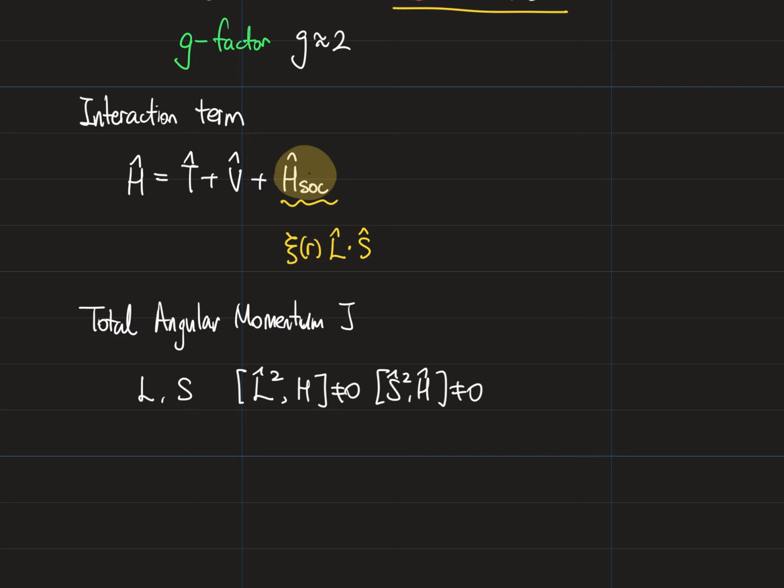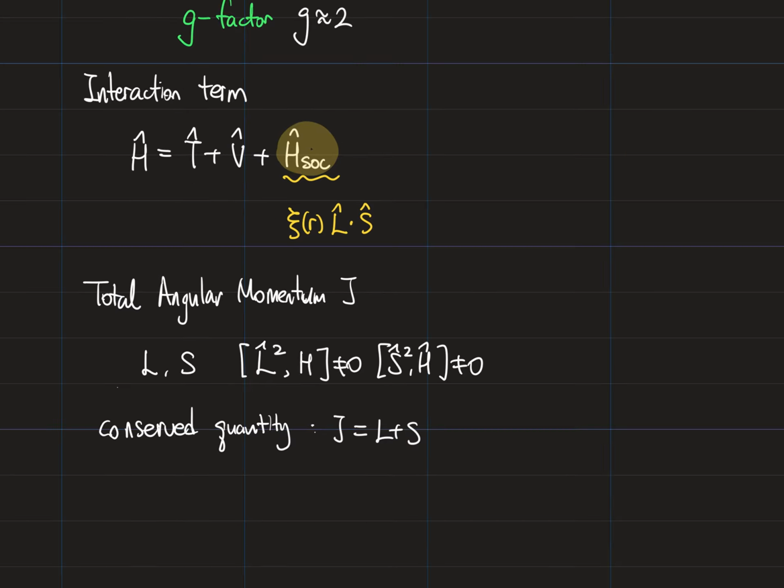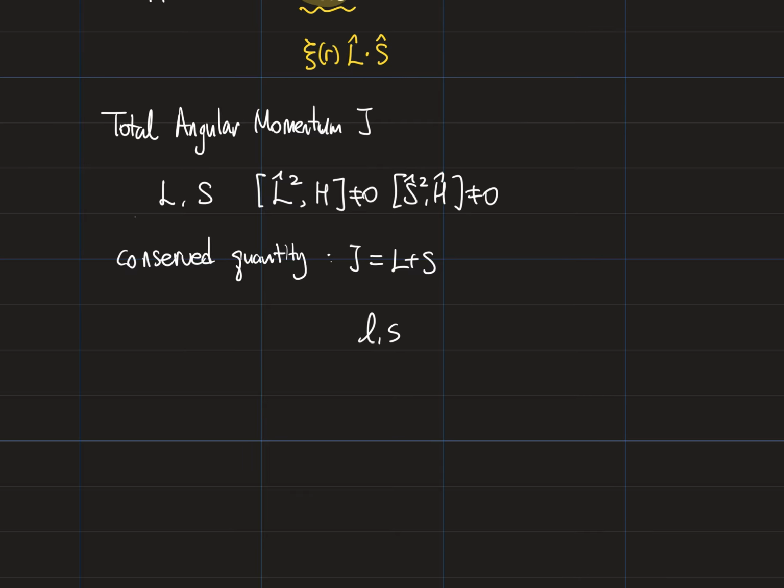So we define a new conserved quantity J, the total angular momentum, which is the sum of L plus S. Instead of distinct small l and s, we now describe the system using the angular momentum quantum numbers j and m_j, as you can see in this equation.